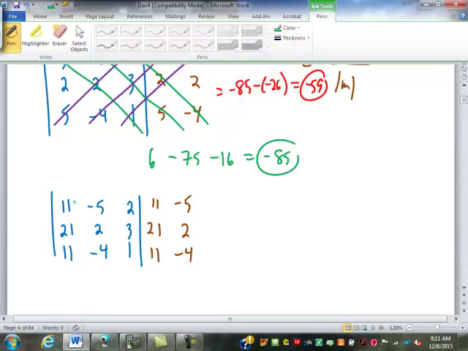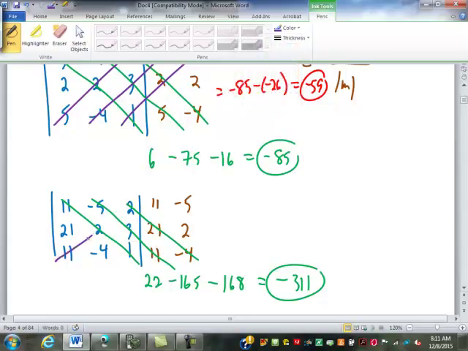Going down: 11, 2, 1 is 22. Negative 5, 3, 11 is negative 165. 2, 1, negative 4 is negative 168. Is that correct? Equals negative 311.